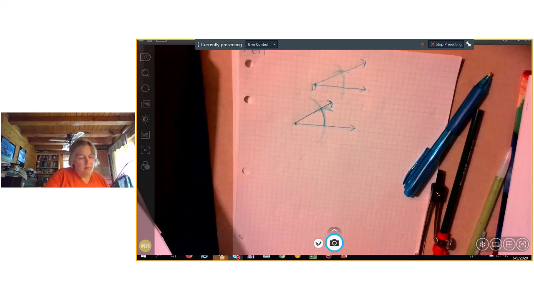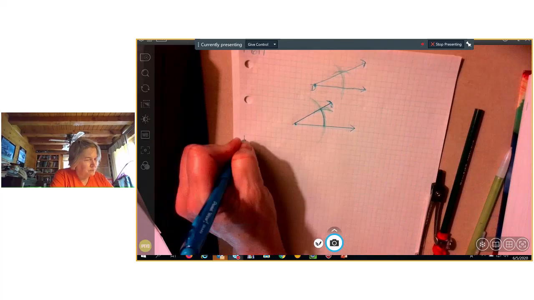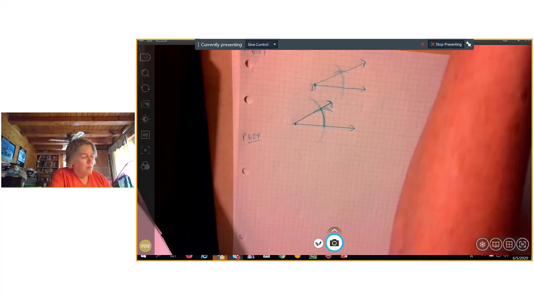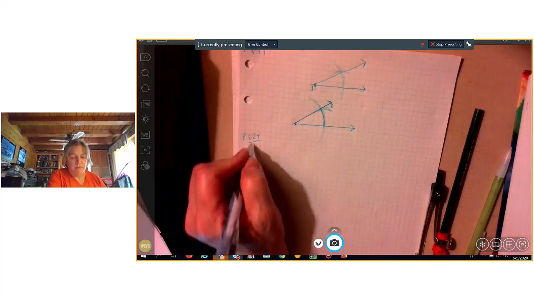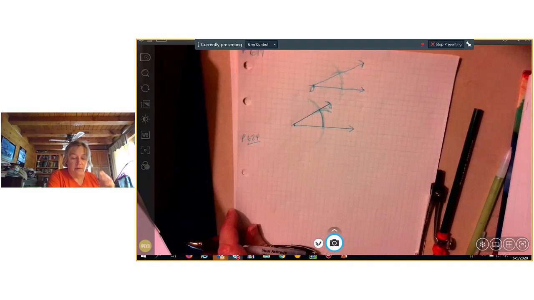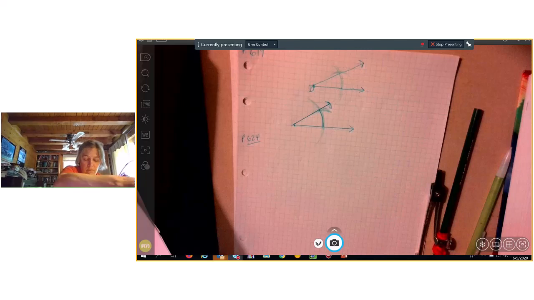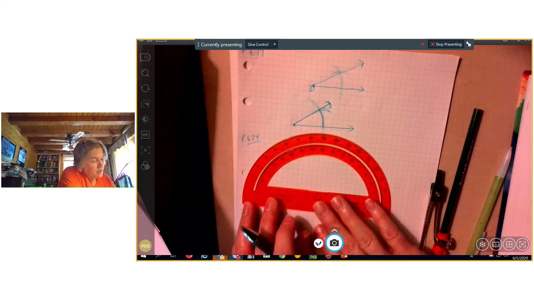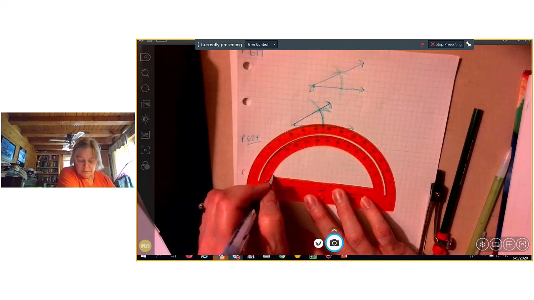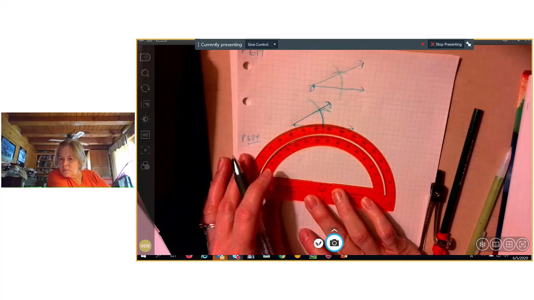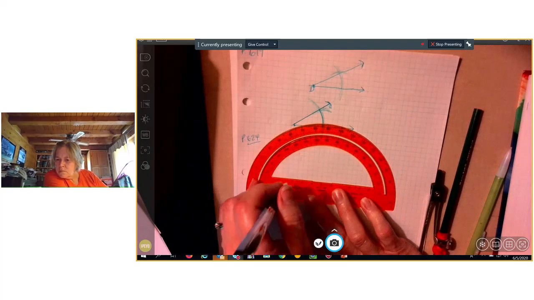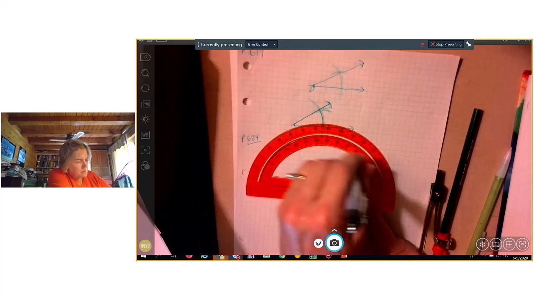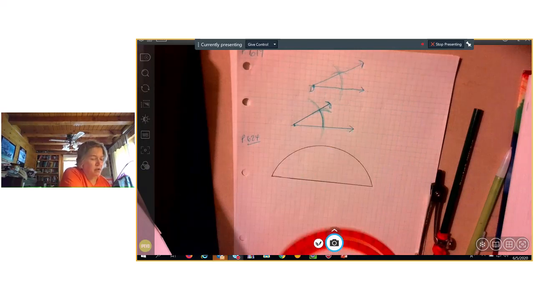Now, on page 624, try to use a different color pen. On page 624, they use that theorem, Thales theorem, that says that for any semicircle, so if I have a semicircle here, and I just use the inside of my protractor, as you saw.